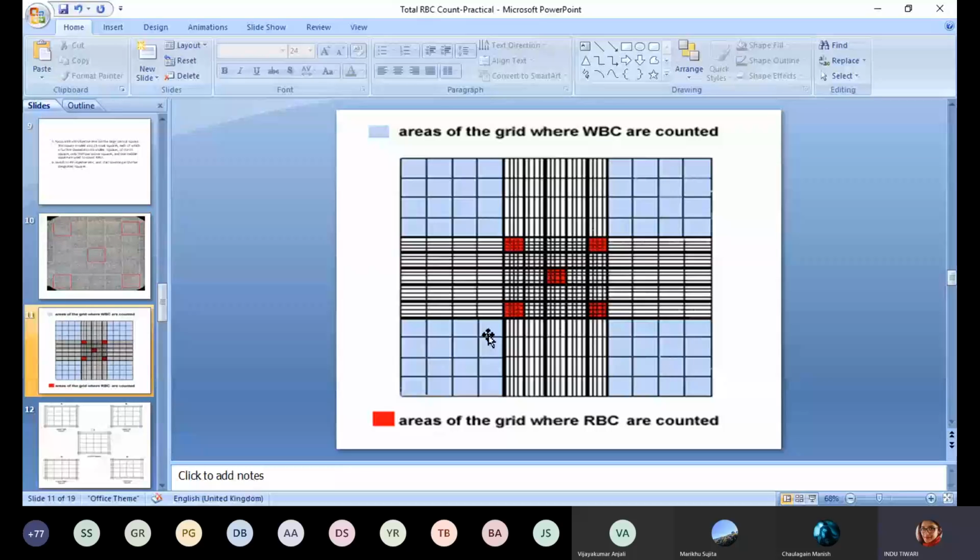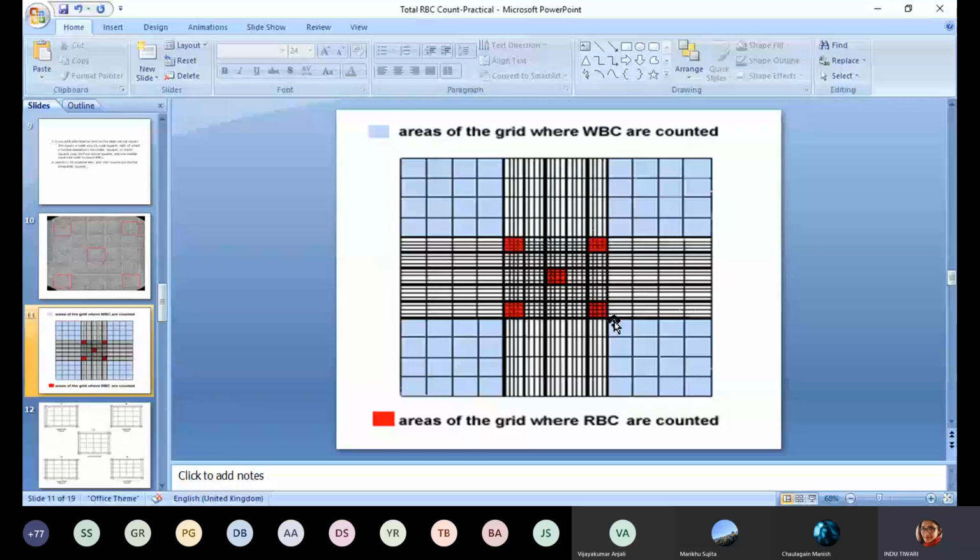The central square is further divided into a total of 25 squares, and only five of these medium-sized squares are used for counting the RBCs. These red colored areas are used for counting the red blood cells.